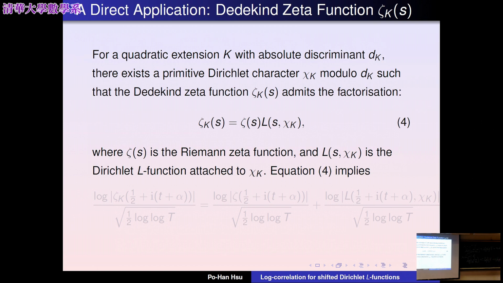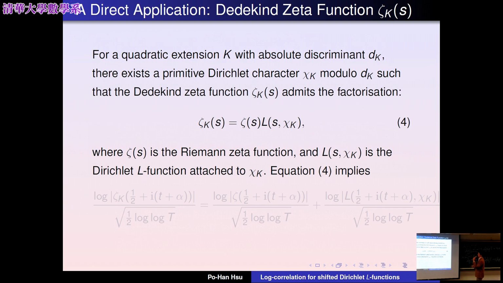Alright, so I've displayed this direct application. To me, it looks like if the extension is nice, then we can define the Dedekind zeta function, and such a function admits this factorization product. Well, college students, we know that if we take log, we can turn product into addition, right?